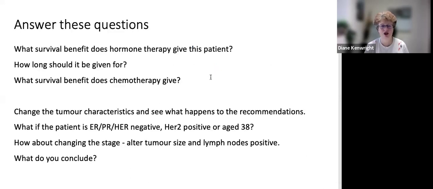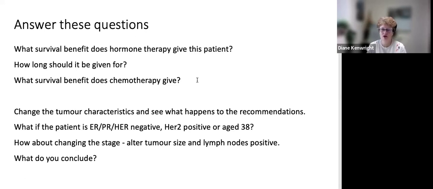So when you go to the predict tool, see if you can use it to determine these questions. What survival benefit does the hormone therapy give the patient? How long should it be given for? Should she have chemotherapy? Does it give any survival benefit?